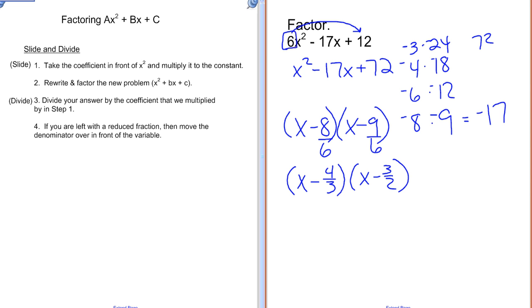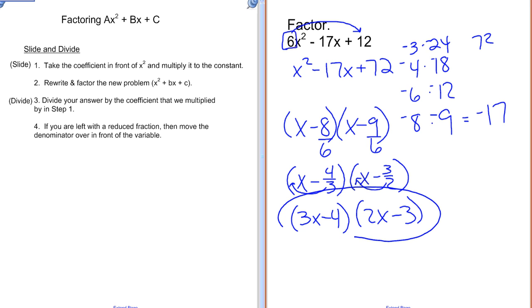Because I have fractions, I have to take the denominator and move both of these over. And so my final answer is going to be 3x minus 4 and 2x minus 3. A little bit more difficult factoring, but definitely something that we can do.